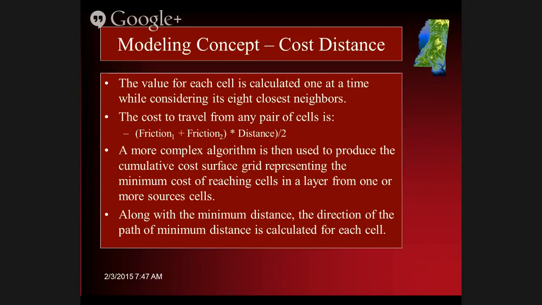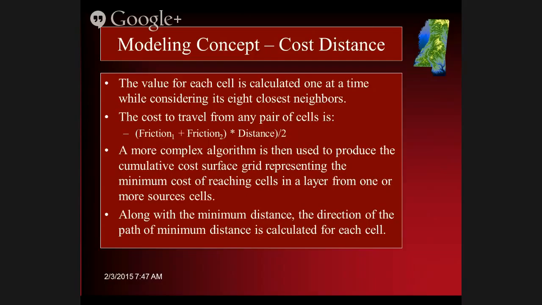And the cost to travel from any pair of cells is very similar to finding the real distance, except that we're taking the friction and adding those, because when we're looking at a pair of cells, we always have the friction in one cell, the friction in another cell, multiply that by the distance, and then divide that whole numerator by 2. Okay, so we're getting basically the average cost between those two cells and considering the distance.